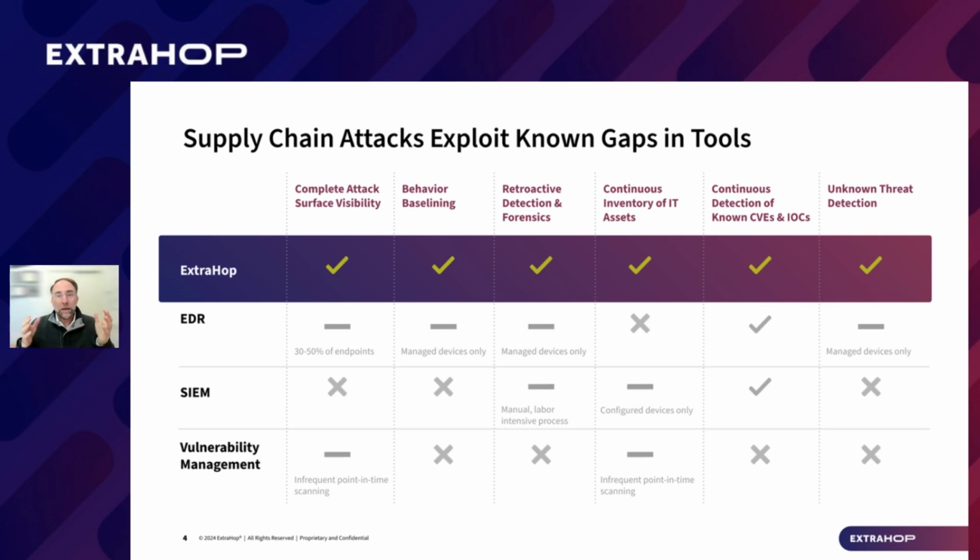What we see with our customers is that only 30 to 60% of endpoint devices are covered by EDR. And that's the issue with software supply chain, because very often, in the case of IoT devices, for instance, those devices do not take an EDR. They cannot be managed by EDR, so they're flying under the radar, yet granting access to your network.